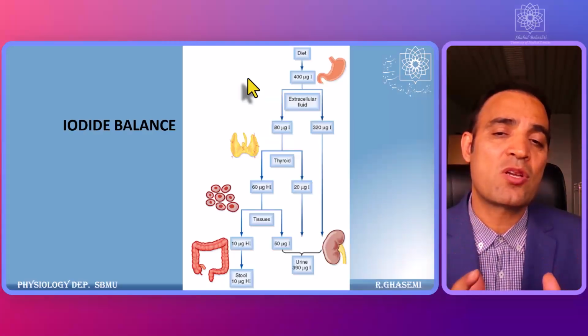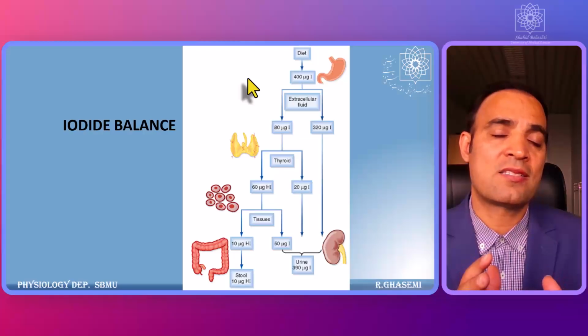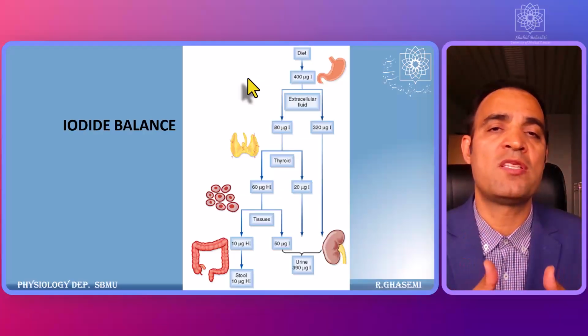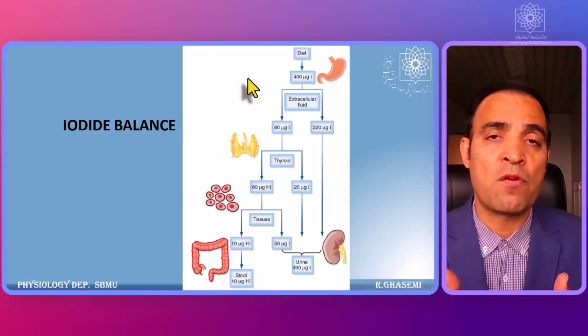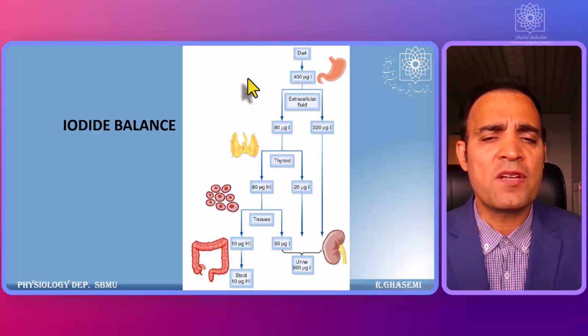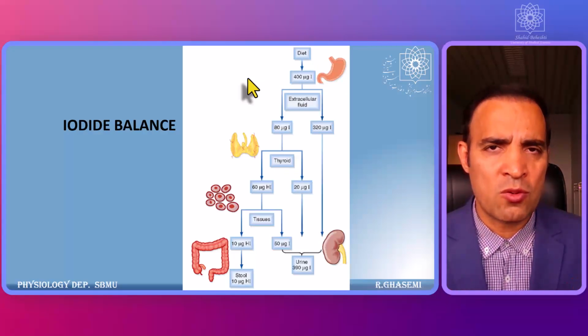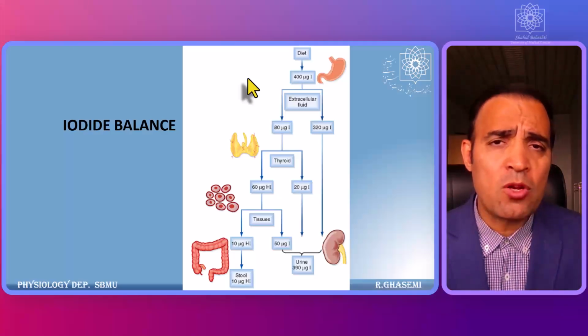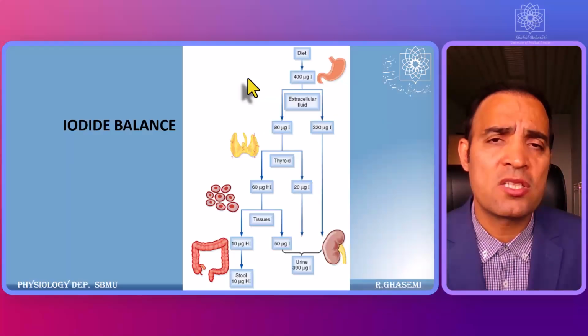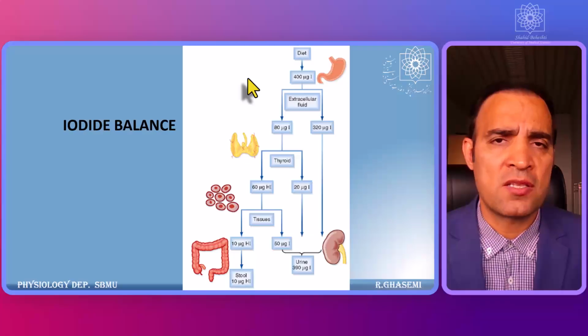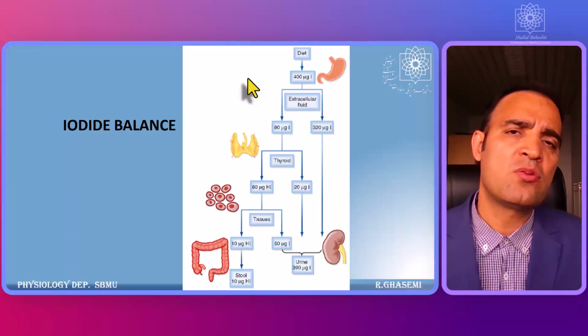That 60 microgram of iodide that is incorporated into the hormones will be distributed in the form of thyroid hormones in different tissues. And then the thyroid hormone will be metabolized, and the iodide will be excreted into the urine and some into the stool.